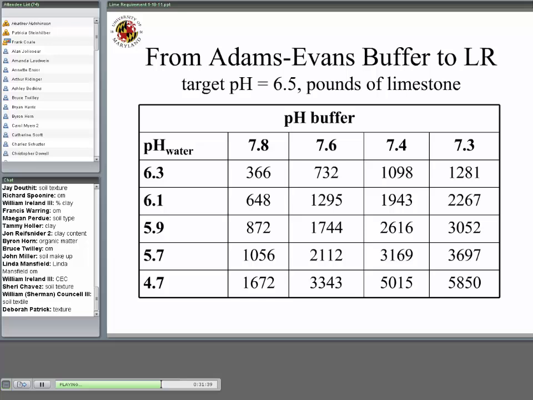So, for example, if our soil had a pH in water, or the typical pH of 5.7, and a buffer pH of 7.4, we need 3,169 pounds of limestone, or about 1.5 tons, to raise it to a pH of 6.5. And again, this is just a tabulated form of the data. If one were computerizing this, they would use the equation. But this essentially is telling you how this particular buffer would be interpreted.